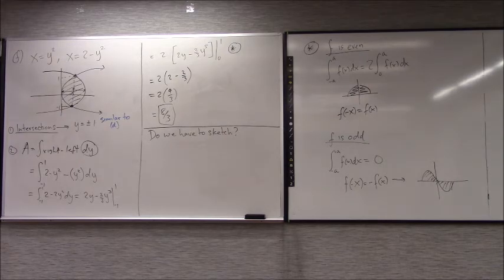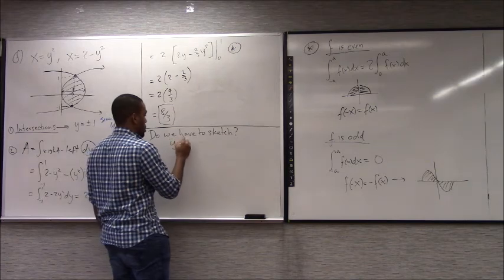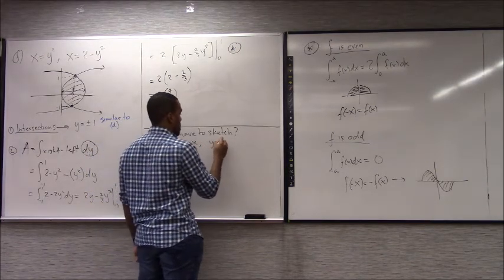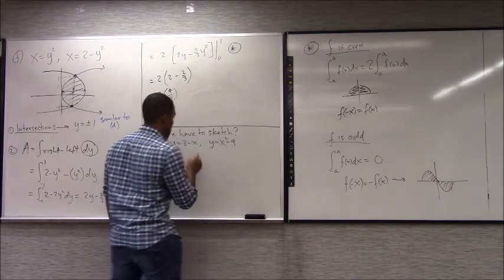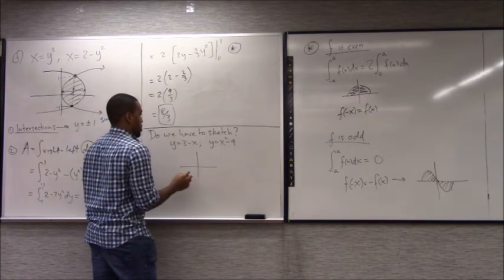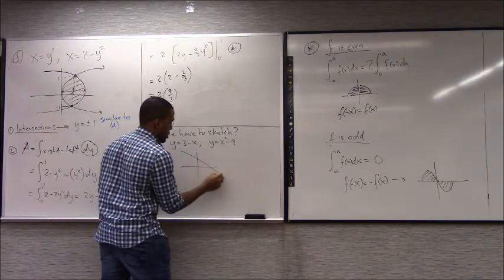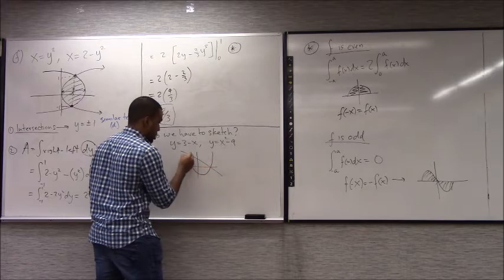Let's do the 3 minus x and the x squared minus 9. We sort of had this thing happening, so we have 3 minus x squared minus 9.